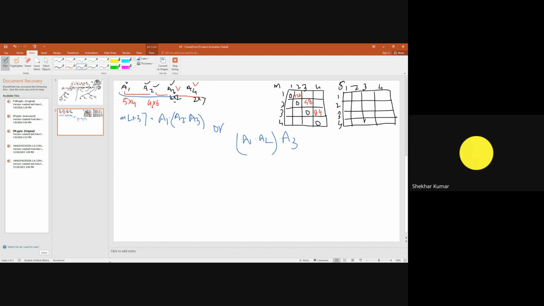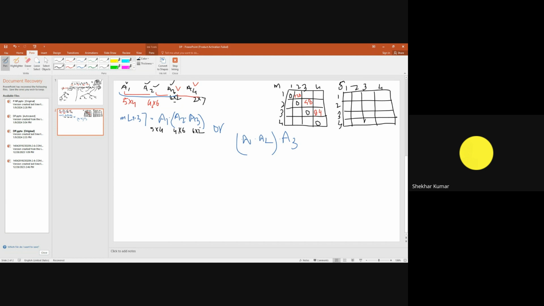So in the first approach, A1 matrix is 5 by 4, A2 is 4 by 6, and A3 is 6 by 2.